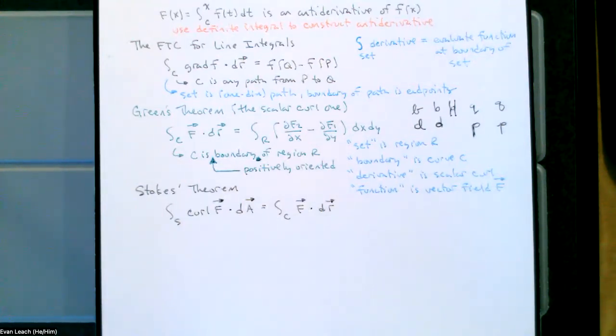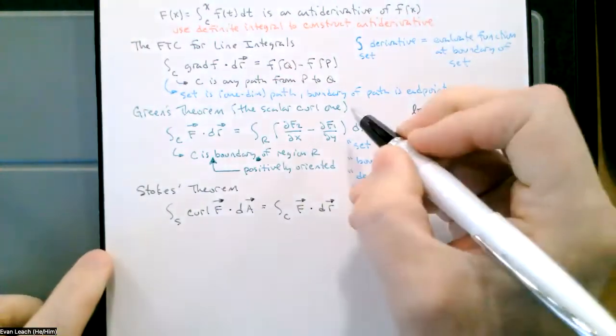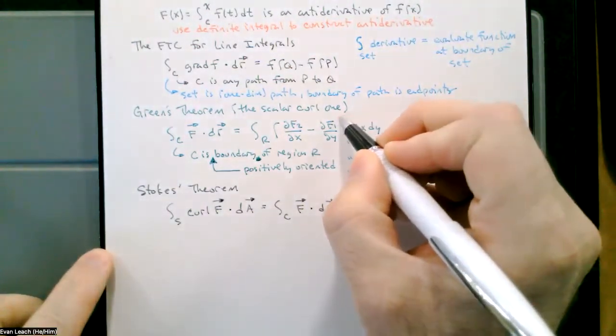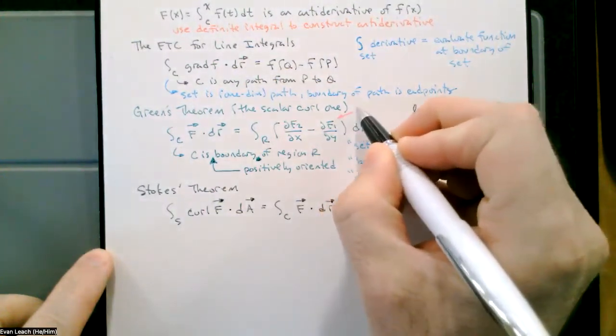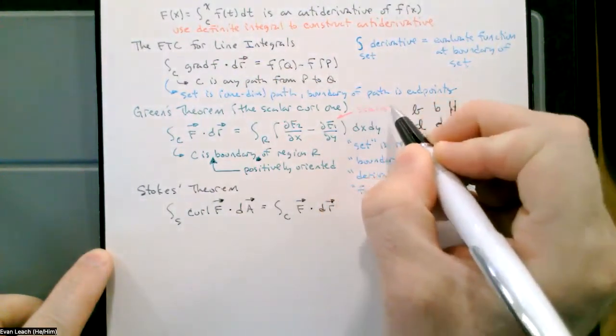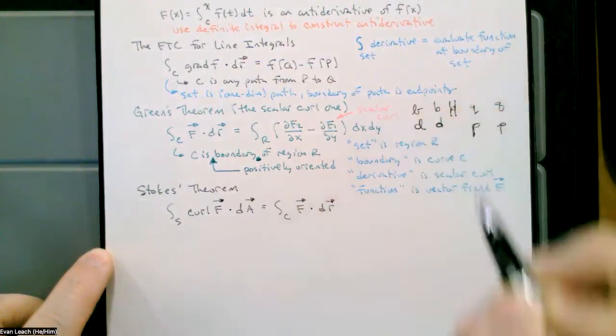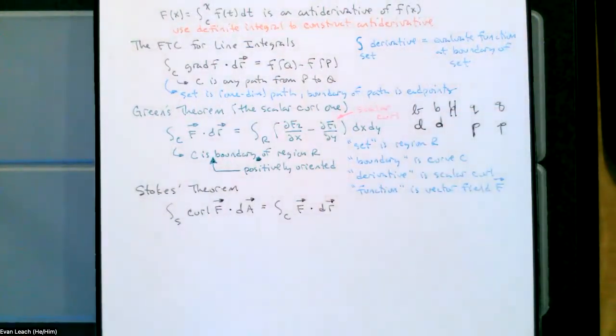Therefore, this curl must not be the same as the scalar curl that we were talking about before. Remember that partial F2 with respect to x minus partial F1 with respect to y, that was our scalar curl. This curl of this vector field is dropping out a vector. So we have cleverly called this the vector curl.